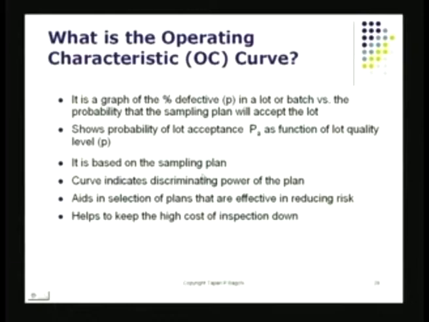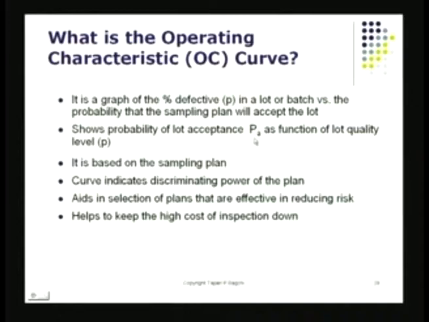This is all really dependent on the particular sampling plan you are using. That's going to determine the relationship between little p and PA. In fact, what you'd like is a sampling plan in such a way that this PA is high when your lot quality p is very near AQL.